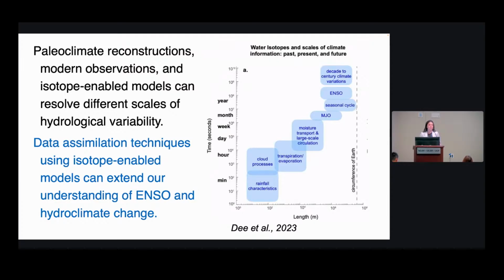However, there have not been detailed investigations or comparisons to understand how these scales of variability behave in isotope fields in iCESM, which is very important to understand and use these in a data assimilation context.